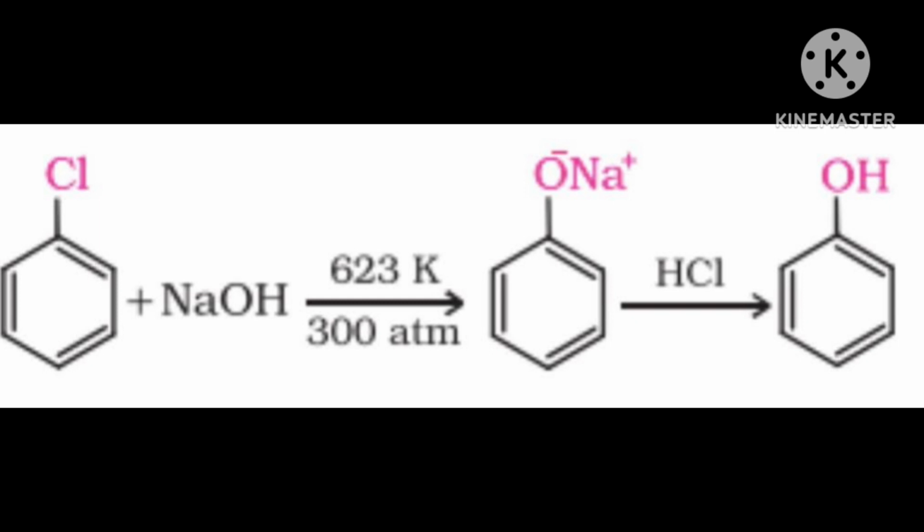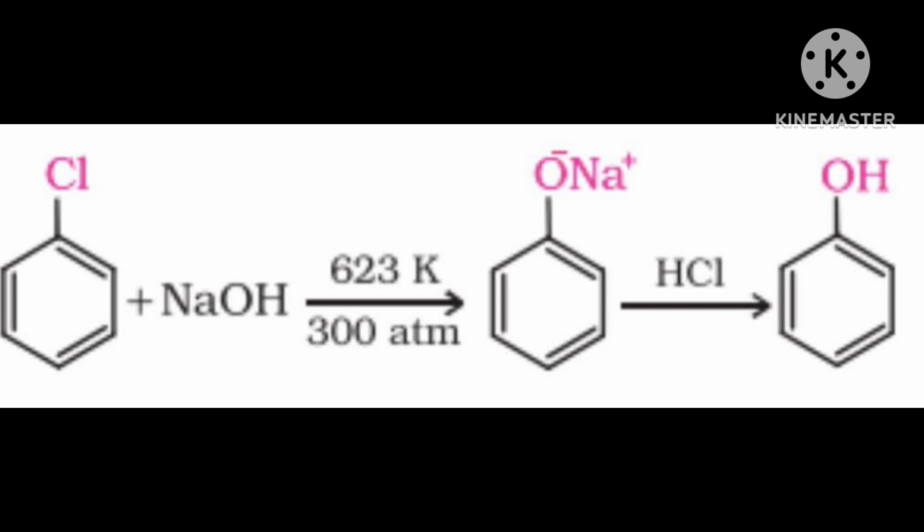In this conversion of sulfonic acid to phenol, one step will come. After benzene sulfonic acid, you will get sodium phenoxide. One intermediate you will get. From sulfonic acid you will get sodium phenoxide and then you will get phenol.